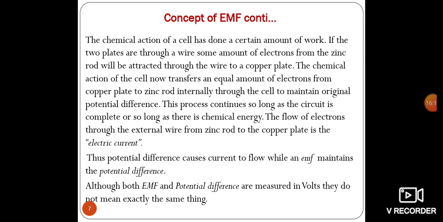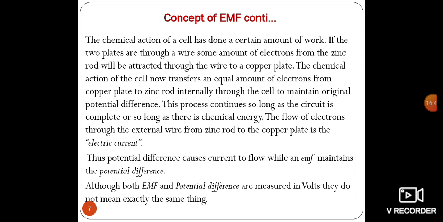This process will continue until the chemical energy is completely used, so long as there is chemical energy. As long as there is chemical energy in the electrolyte, the work is done and electrons are taken from the copper to the zinc, and from zinc to the copper electrode they are moved through the copper conductor which is connected to the two electrodes externally.